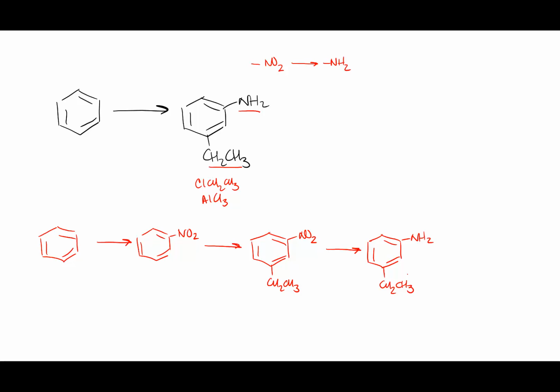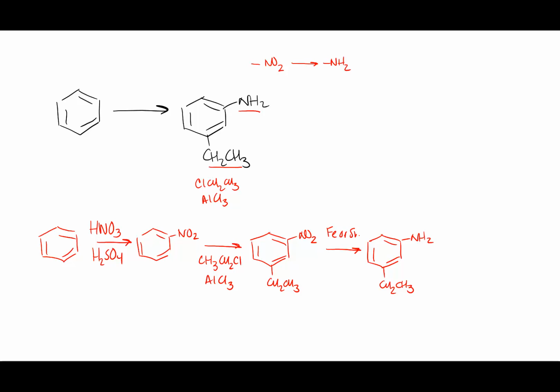Now all we would need to do is to fill out the reagents, which again, I would strongly recommend stopping for a minute and putting those reagents in. How do we convert the nitro to amine?